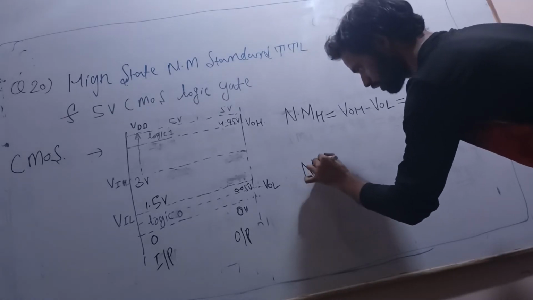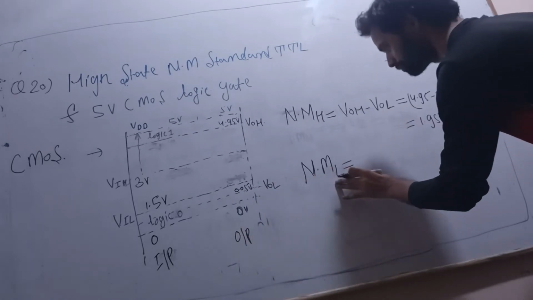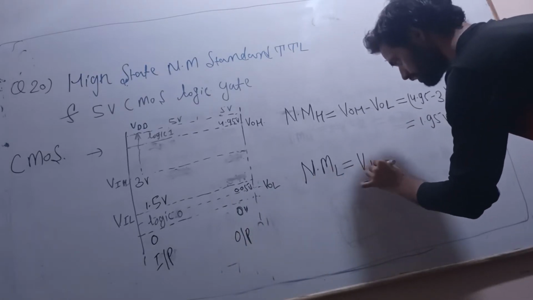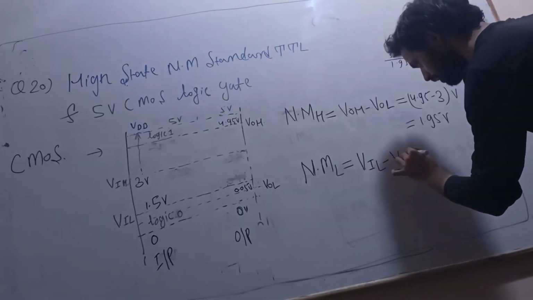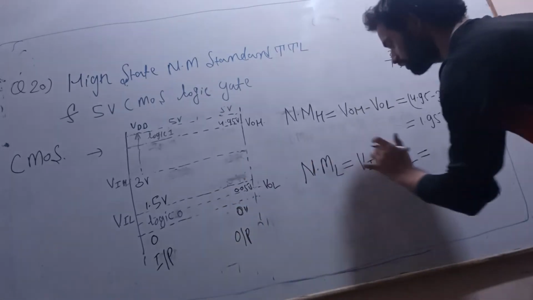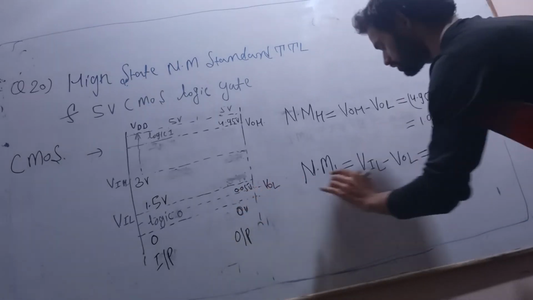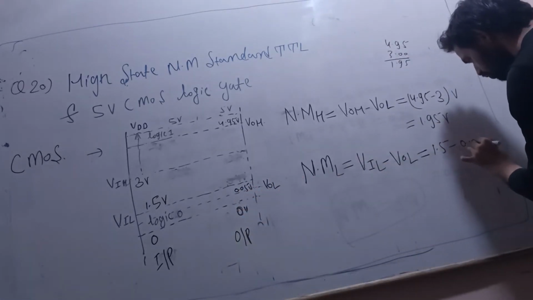For noise margin low, it is nothing but VIL minus VOL. How much is VIL? VIL is 1.5, minus VOL. How much is VOL? 0.05.